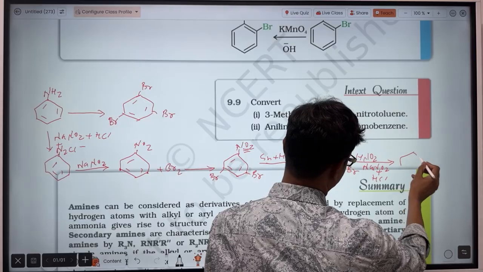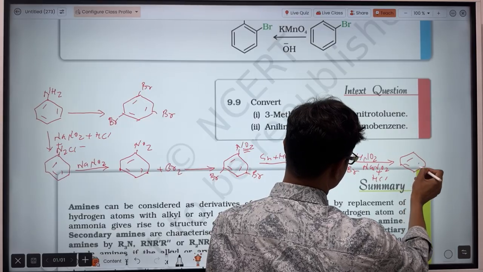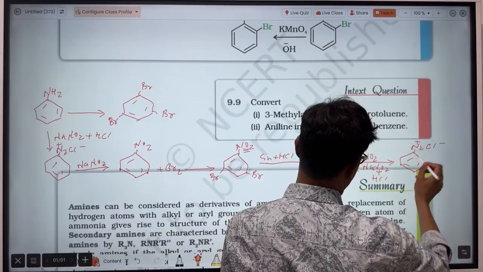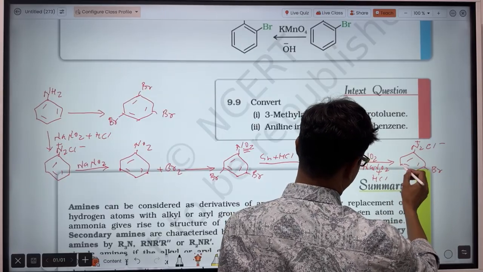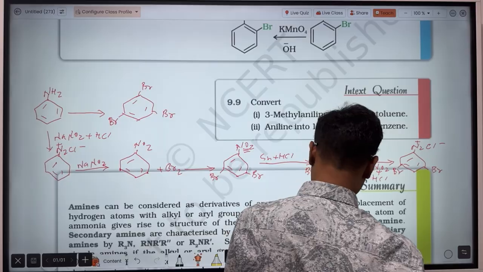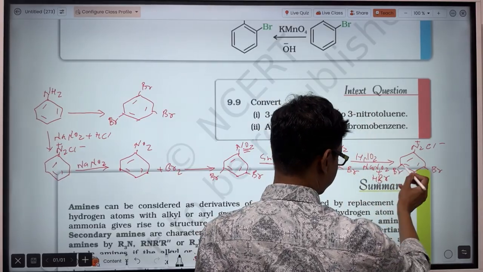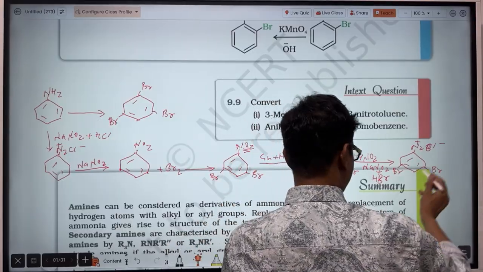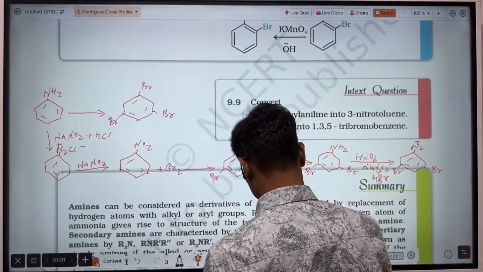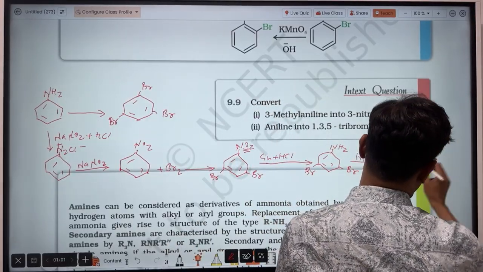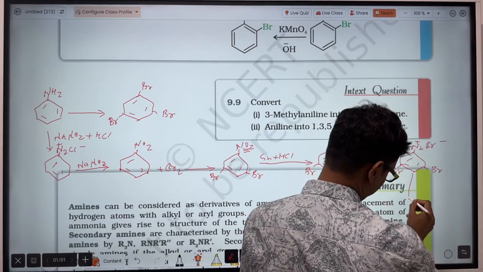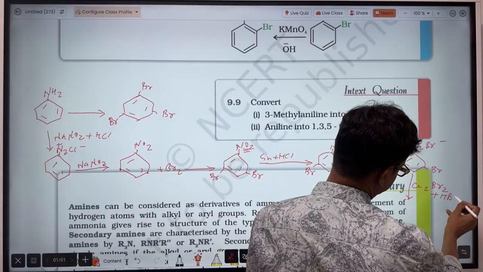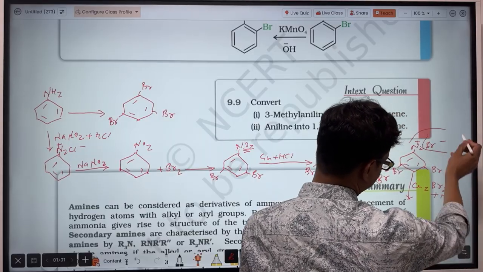HCl. So the diazonium salt forms here. Better you take HBr, in place of HCl take HBr. Now this compound reacts with Cu2Br2 and HBr. So this bromine will go there, nitrogen leaves.